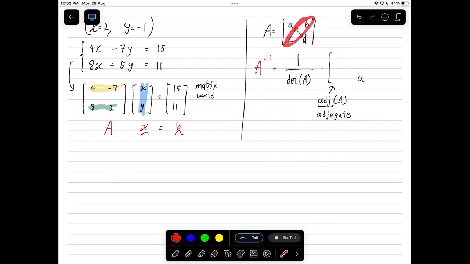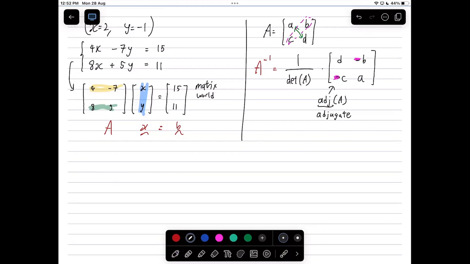B and C here at the other diagonal. Over here, the B and C, I'm gonna multiply by a -1. Minus B, minus C. Can you see the negative sign? Okay, this is the definition of A inverse.